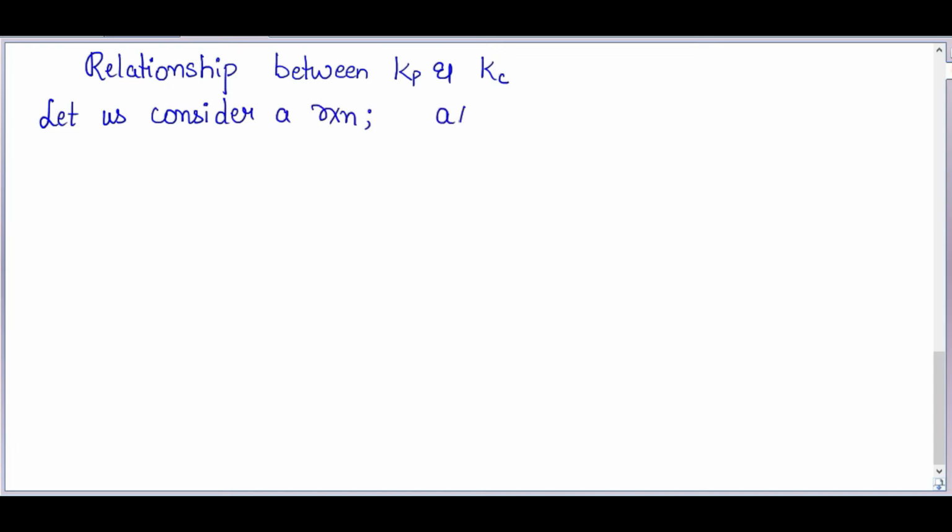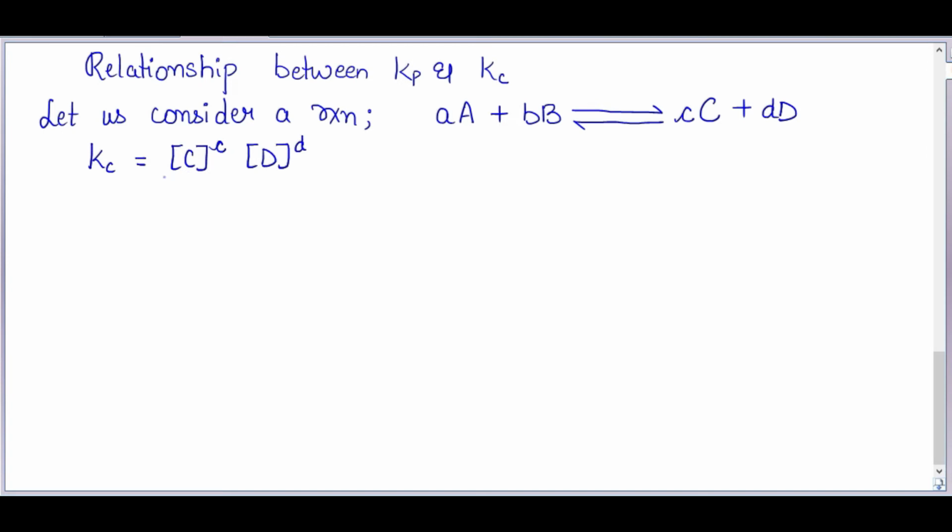Again, a moles of gas A are reacting with b moles of gas B in a reversible reaction and forming c moles of gas C plus d moles of gas D, right? So for this reaction, Kc must be molar concentration of C power small c into molar concentration of D power small d, divided by molar concentration of A power small a into molar concentration of gas B power b, right? So this is my first equation.